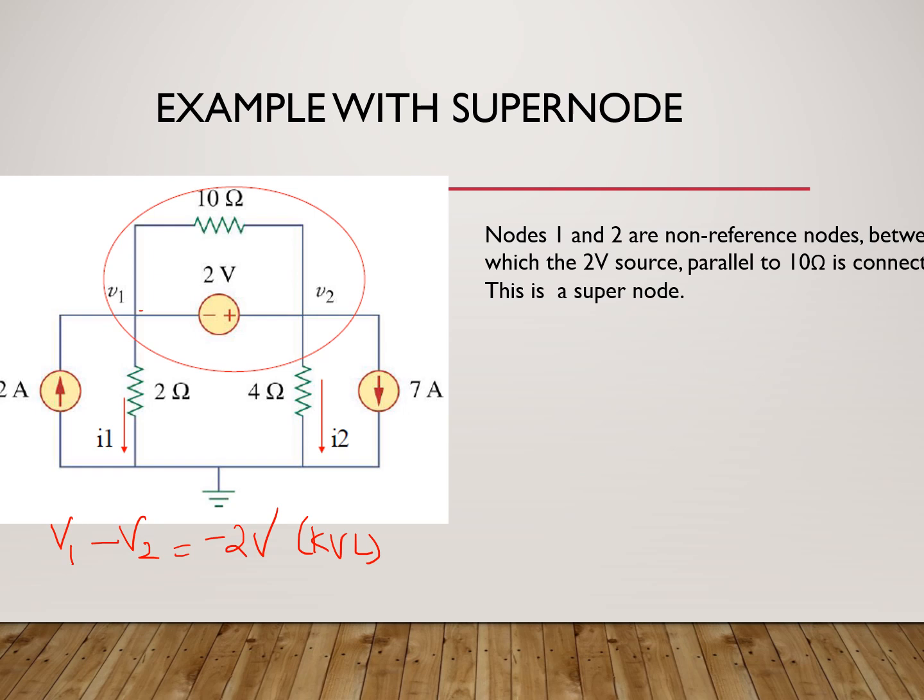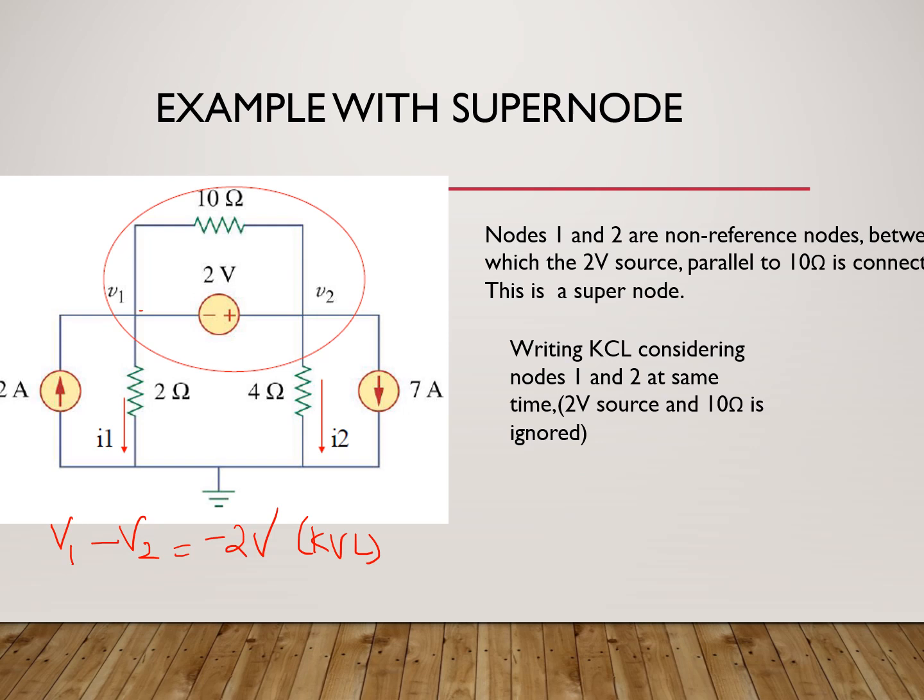So how is the supernode equation written? The supernode equation is written by considering both the nodes at the same time. So if I write both the nodes at the same time, by ignoring the minus 2 volt and the 10 ohm resistance, because those are forming the supernode, the remaining branches you're going to be writing KCL.